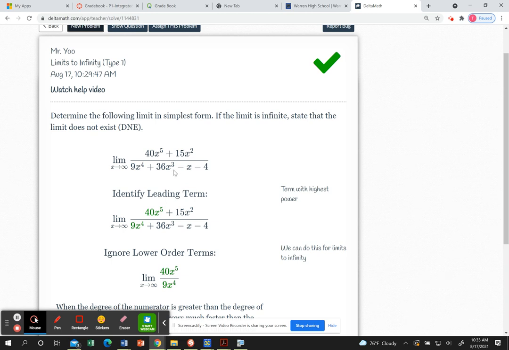Remember I told you in the beginning of the class, you can use your graphing calculator, but there's got to be a shortcut to this algebraically. So they're showing you the shortcut algebraically. They're saying you can ignore everything else and you just need to concentrate on the highest power. And you just need to reduce this one right here. That's all you need to do.